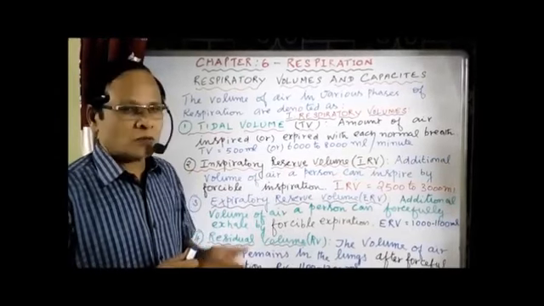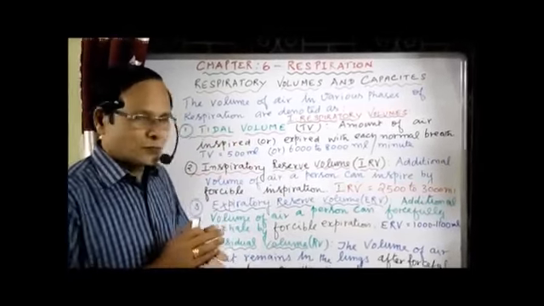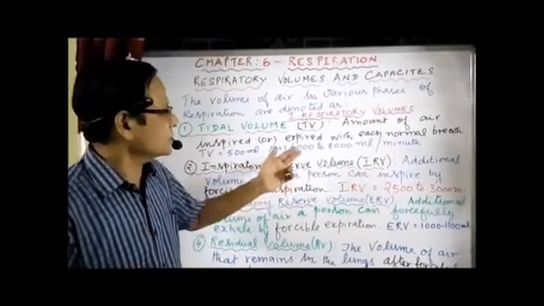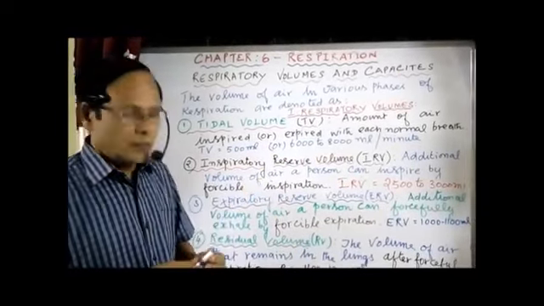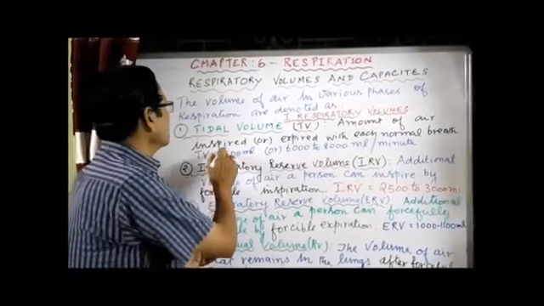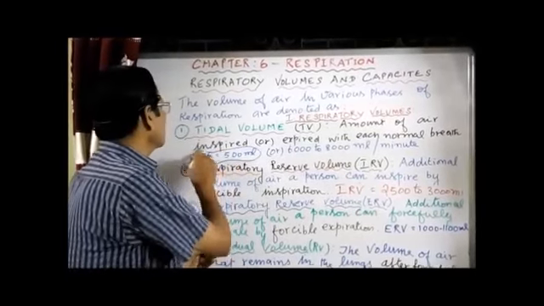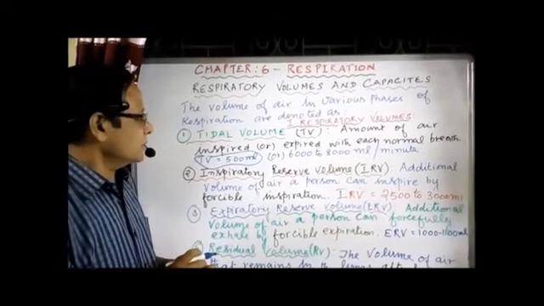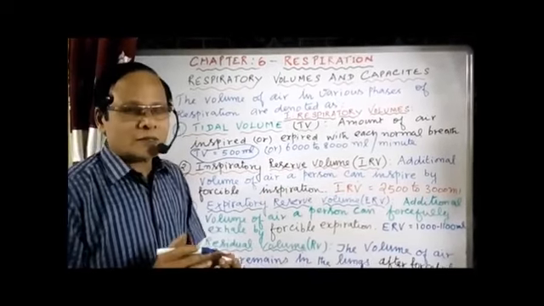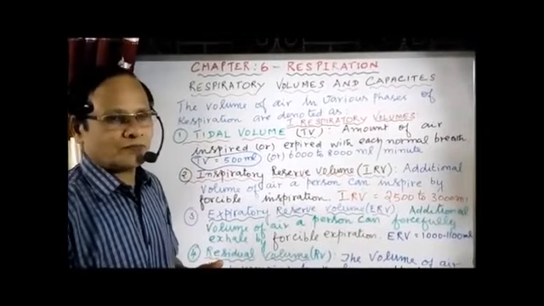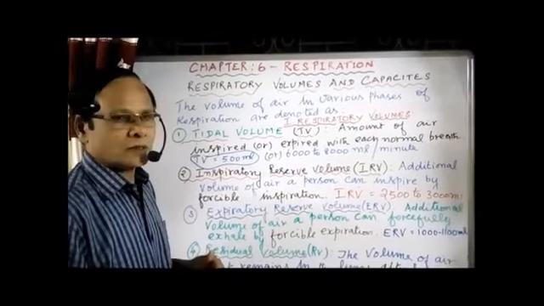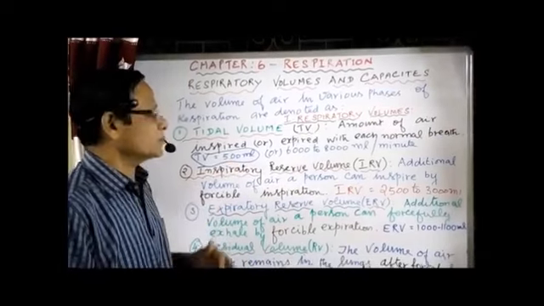So the amount of air normally inspired or expired with each normal breath is called tidal volume. It is about 500 ml. This is during each breath or each ventilation, 500 ml.